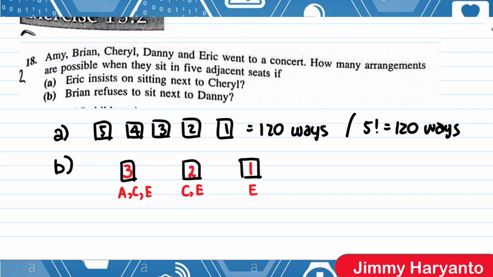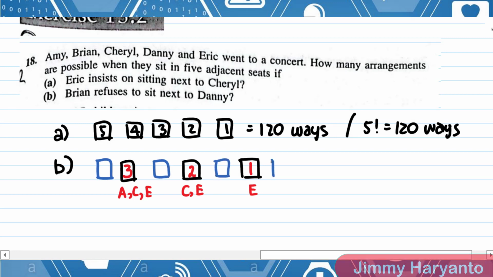Next is to place Brian and Danny. If they don't want to sit next to each other, that means we provide another set of empty boxes that can be filled with Brian and Danny. Why do we prepare these boxes?